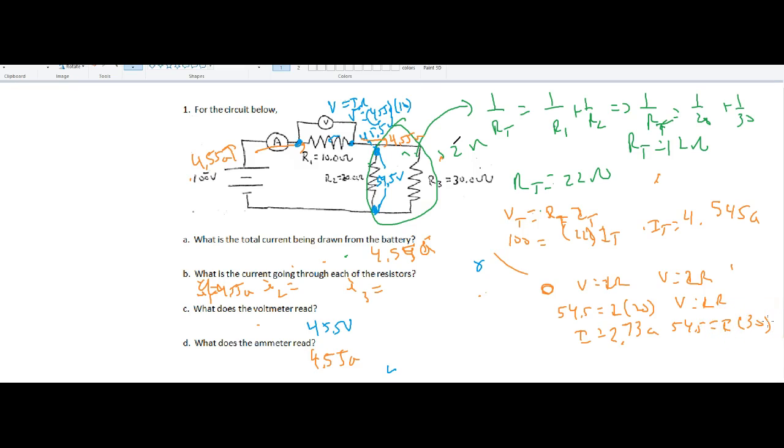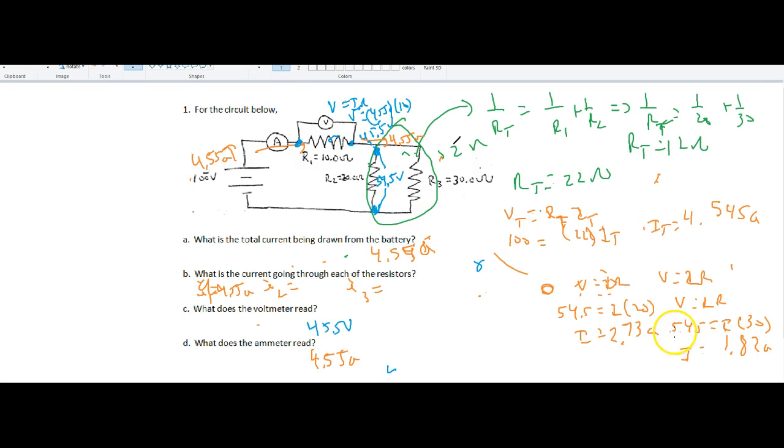So 54.5 divided by 30, and I get my current, 1.82 amps.